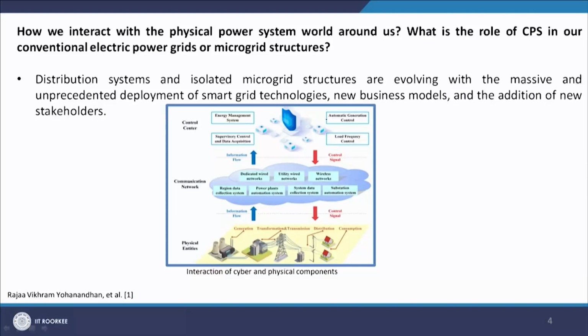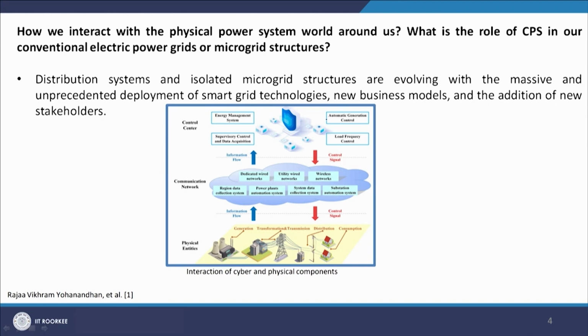In general, distribution systems and isolated microgrid structures are evolving with the massive and unprecedented development of smart grid technologies, and new business models and new stakeholders keep increasing day by day.